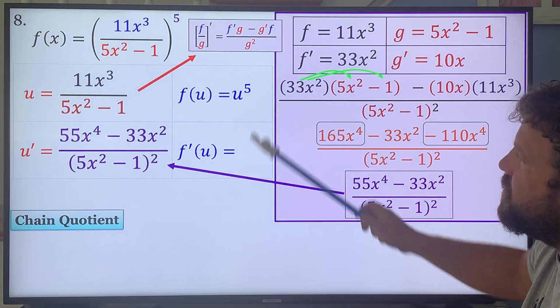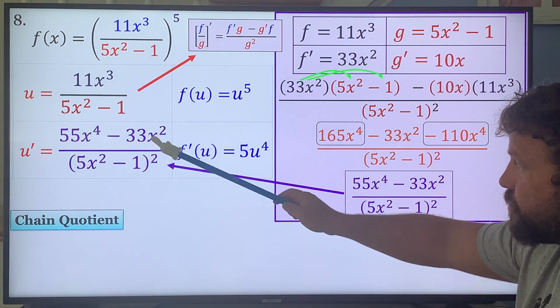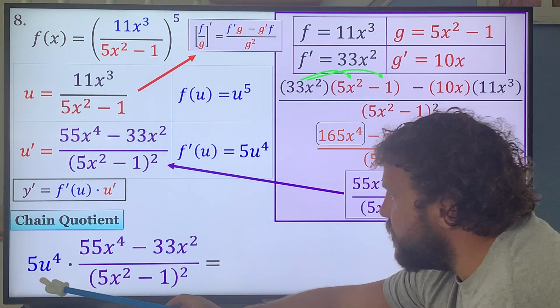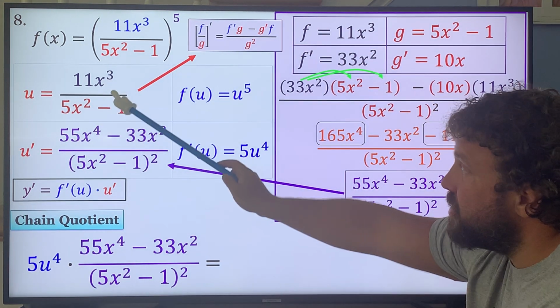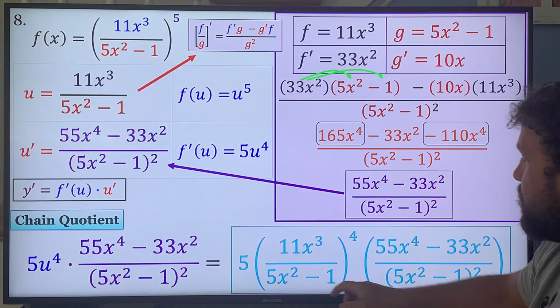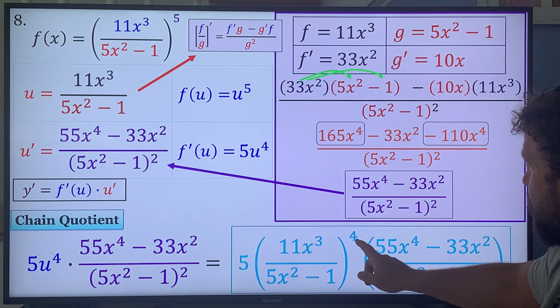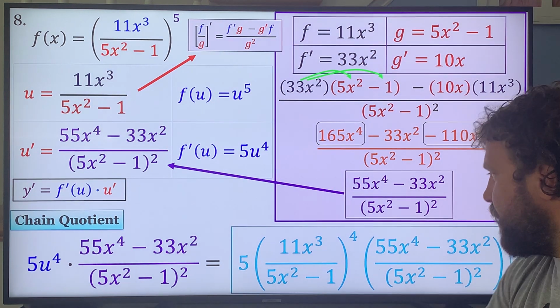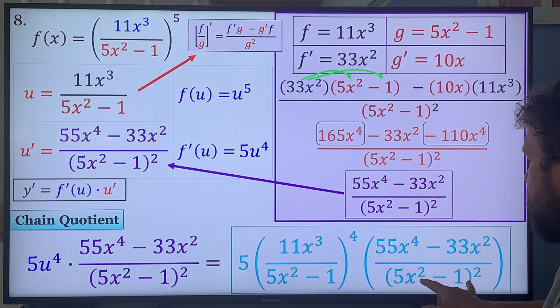F prime u, this one's easy, 5u to the fourth. Ready to finish things off? This times this, that's your chain rule. So you got 5u to the fourth times what we found out to be u prime. We're going to plug our u back in, which is 11x cubed over 5x squared minus 1. We're going to raise that to the fourth power. If you want, you don't have to, you could raise both of these to the fourth power and make this whole denominator 5x squared minus 1 to the sixth.